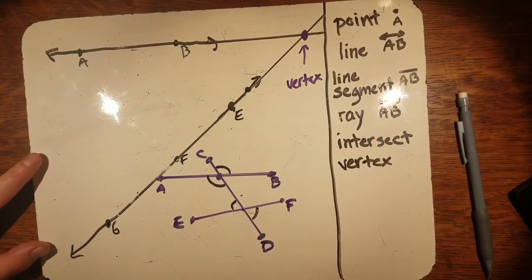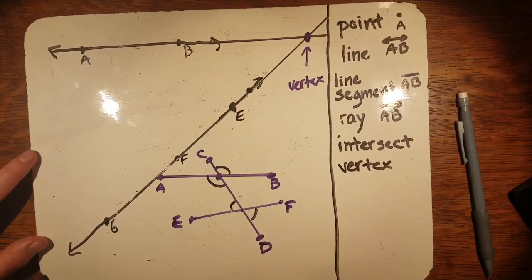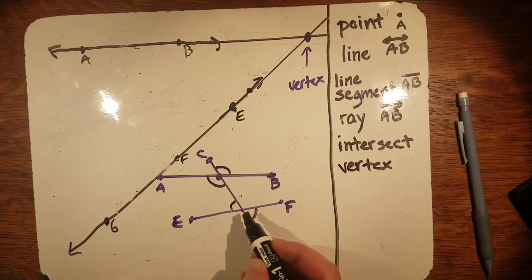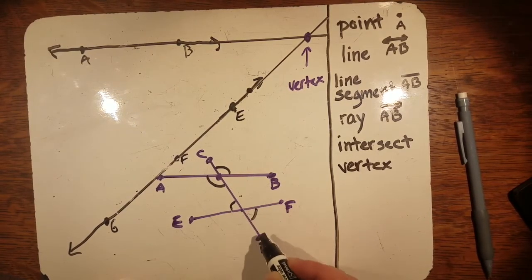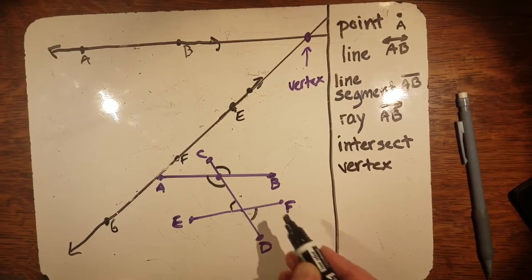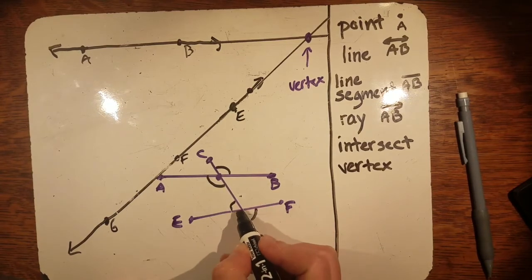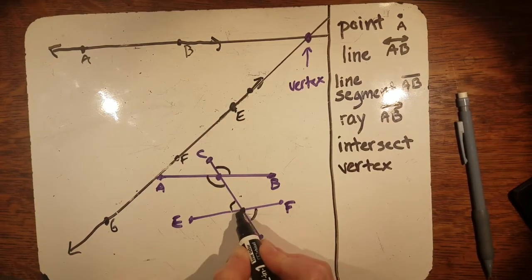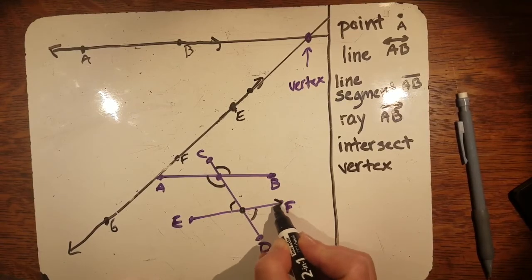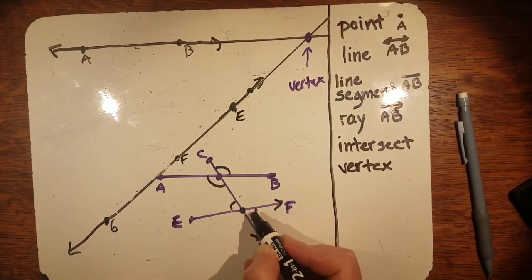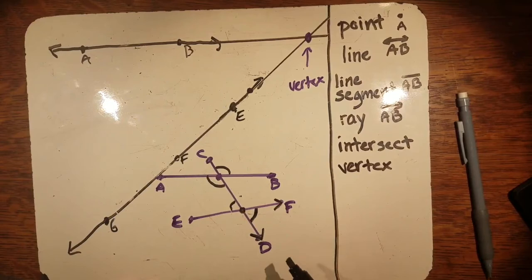That space between those two lines is called an angle, or we might also call an angle a figure formed by two rays or two line segments or two lines. Usually we'll call them rays because there is going to be an end point and then they will keep going, and we have now formed an angle.